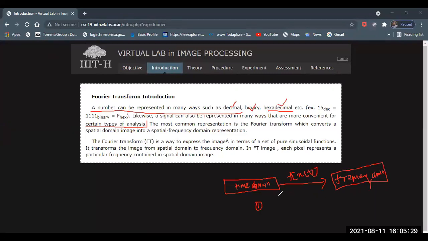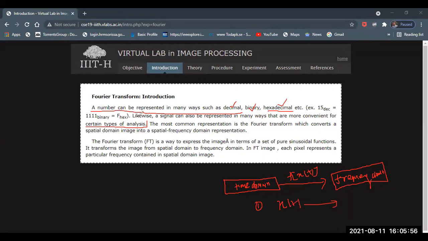Whatever result you get by convolution in the time domain, you get the same result by multiplication in the frequency domain. So it has better features than the time domain, and that is the reason to convert a signal from one domain to another.